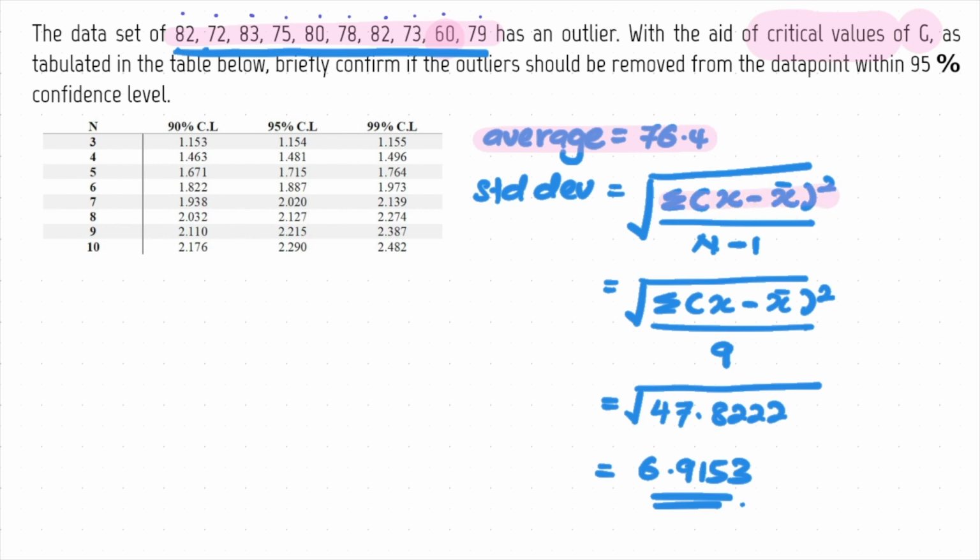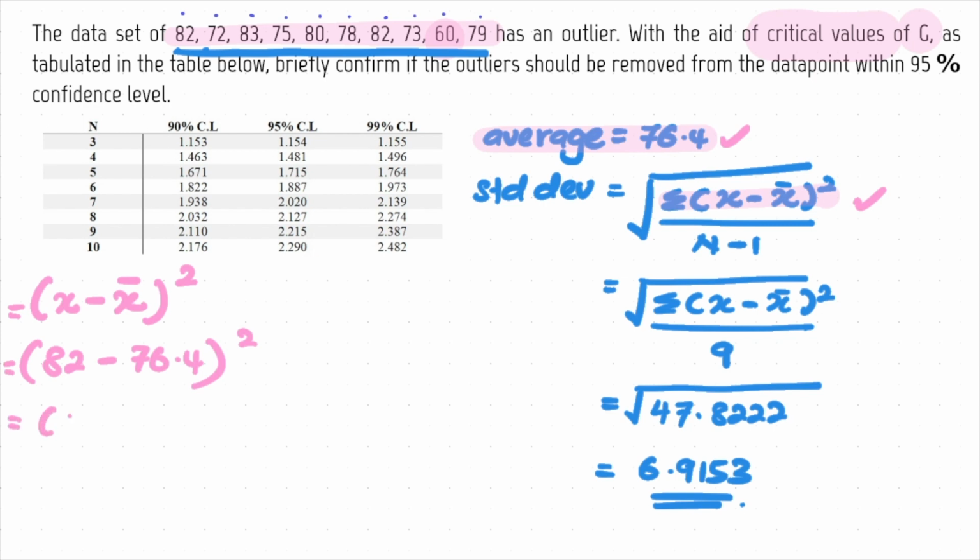Alright, now I'm just going to go briefly over how you should calculate this part. I'm going to take the first number as an example. The first value given to you is 82. What you're going to do is x minus the average, and then square the value. So for example, your value is 82, and the average we calculated just now is 76.4. You just have to subtract, so you should get 5.6 to the power of 2.